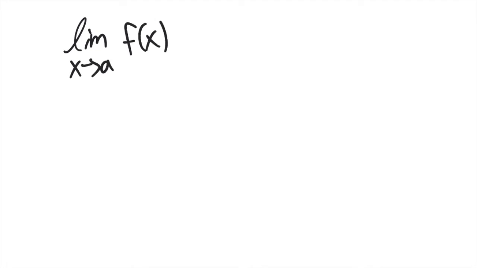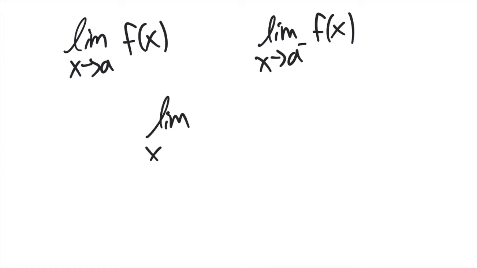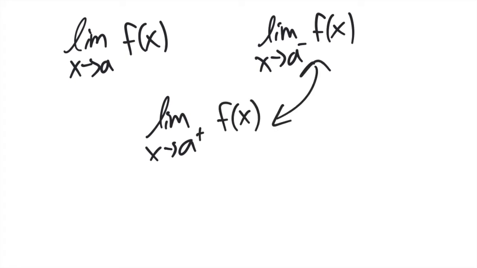Because at the beginning, all we wrote was the limit as x goes to a of f of x, and now what we've introduced is the limit as x goes to a from the left, and we've been talking about the limit as x goes to a from the right. Okay, so these two, we want to be careful about, do we get something different from those?